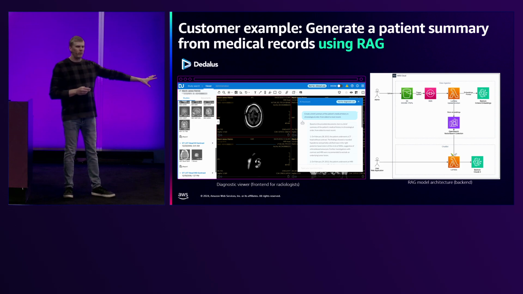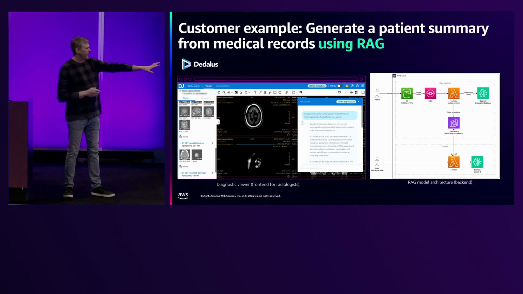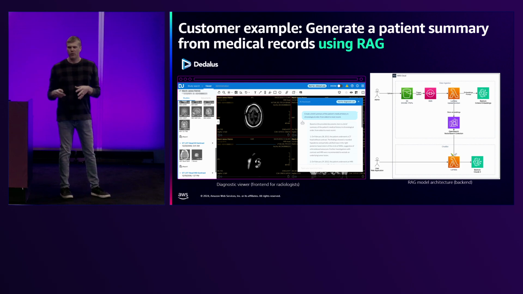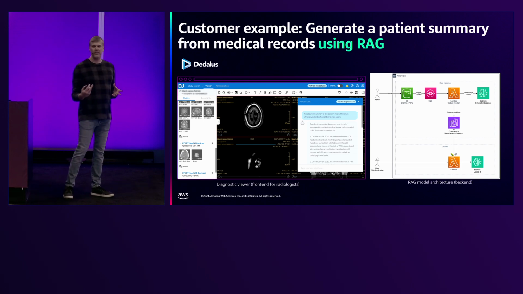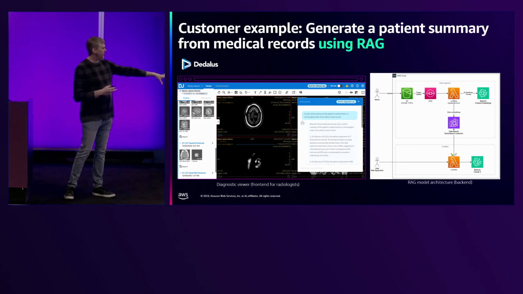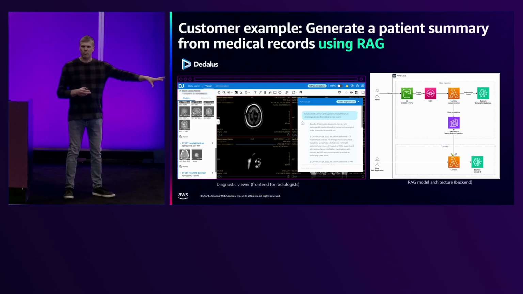So what's really cool about what Dataless built here is, if you see, there's a reference architecture on the right, but they used RAG with clinical data from the EHR and the image to essentially embed this AI assistant right into the radiologist's workflow.